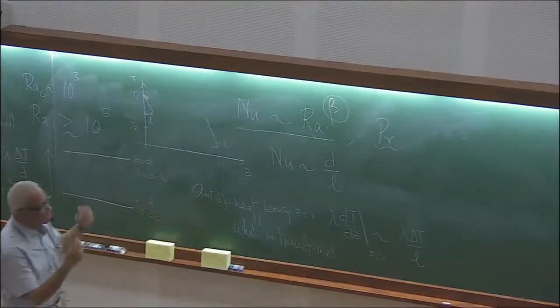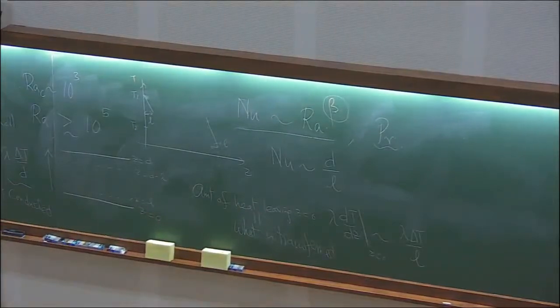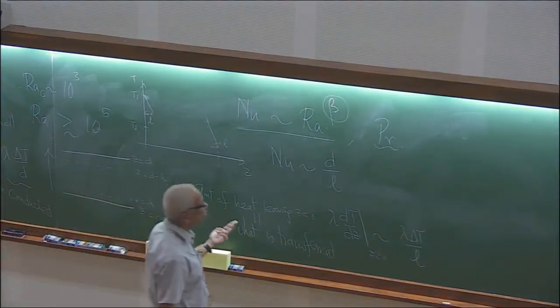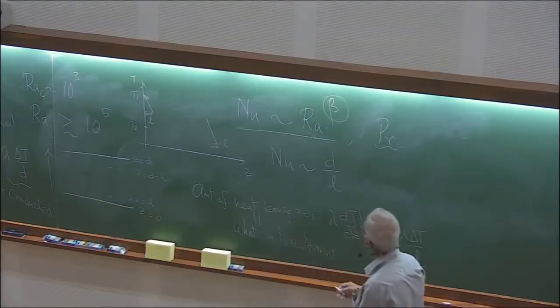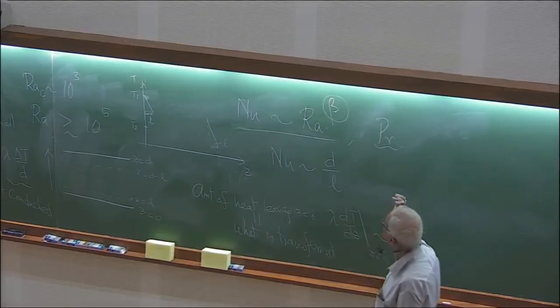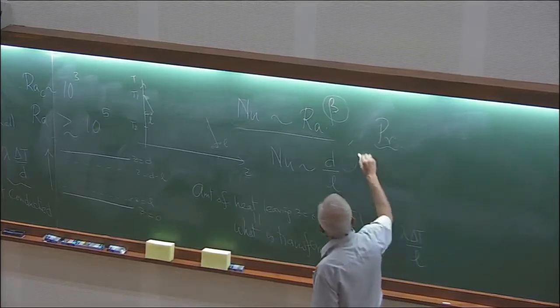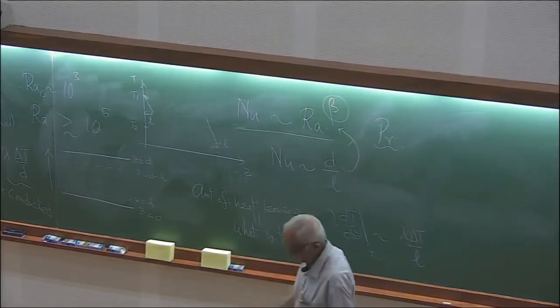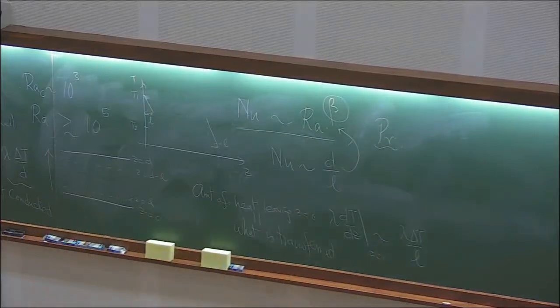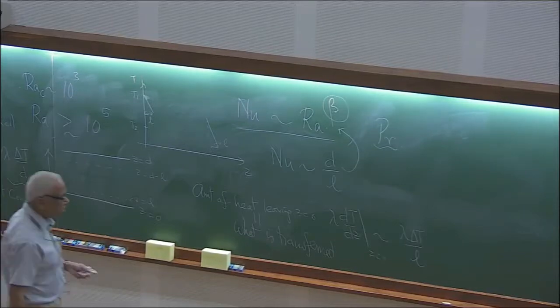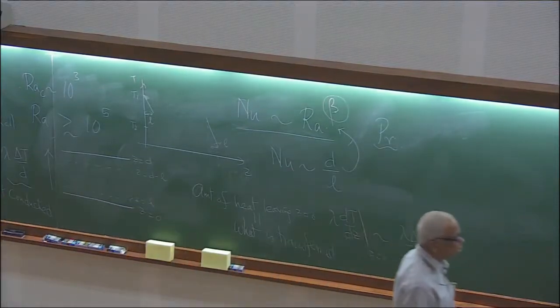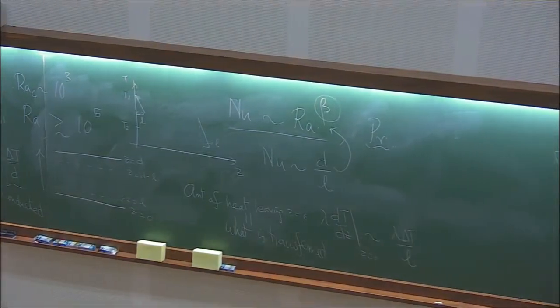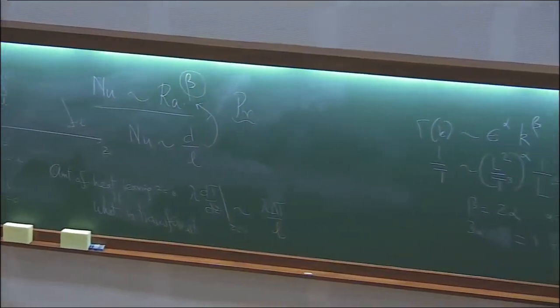What is transferred is proportional to delta T over L. What is transferred by conduction is delta T over D. So the Nusselt number, which is the ratio of the total to the conduction alone, has to be like D over L, and scales like this. So now the basic question is, how crude can you be to get beta?